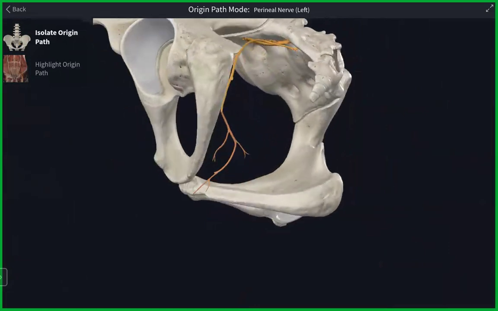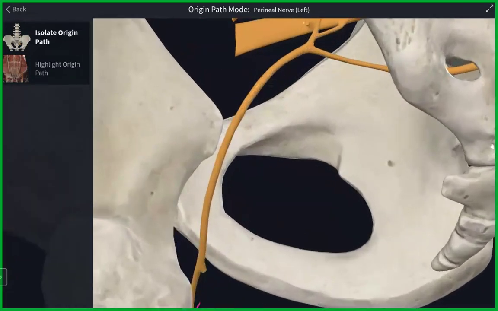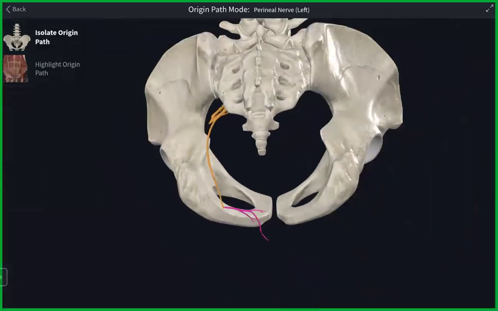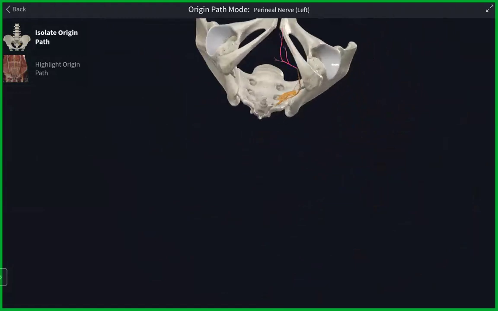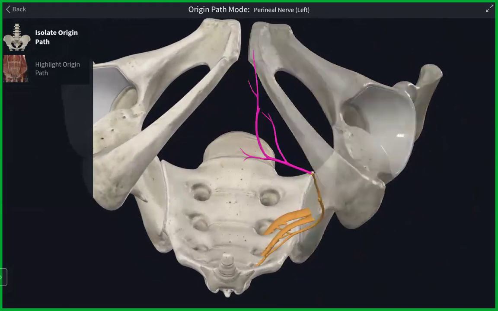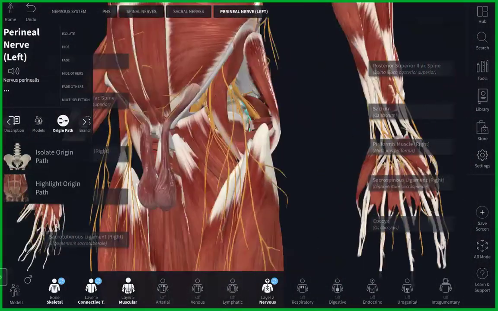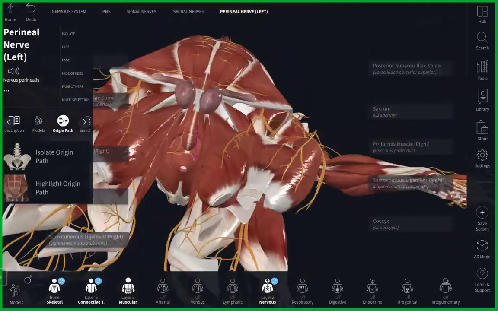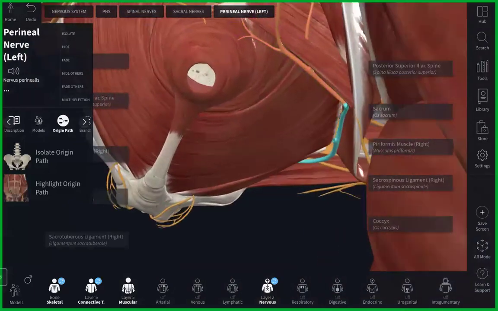See the ischial spine here, and this is supplying our perineal area. So now you know why we give a pudendal nerve block when we are doing episiotomy, right? Very simple and easy if you know where to look and what to see. So you will never forget it in your life.